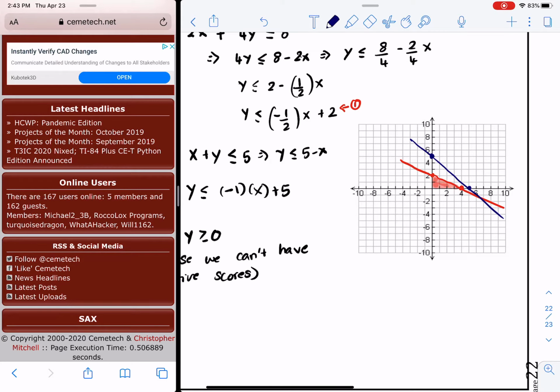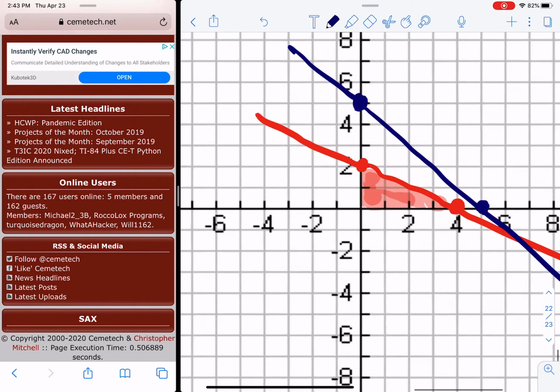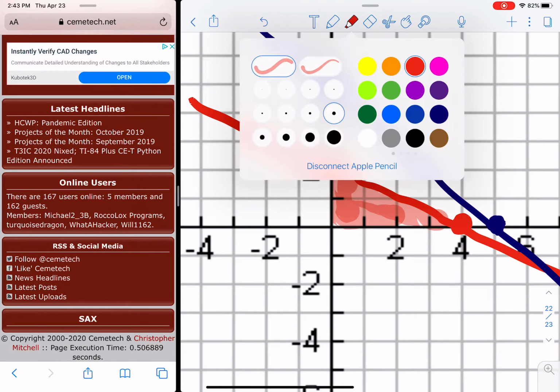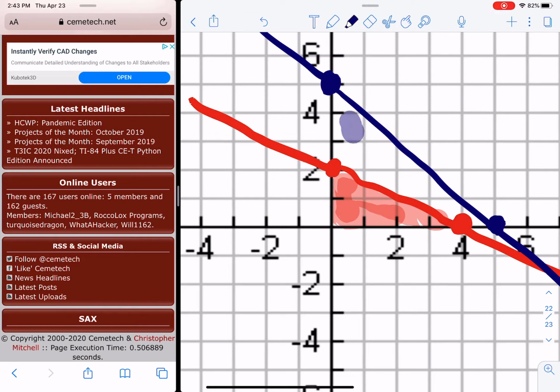So the only overlapping region here would be right there.